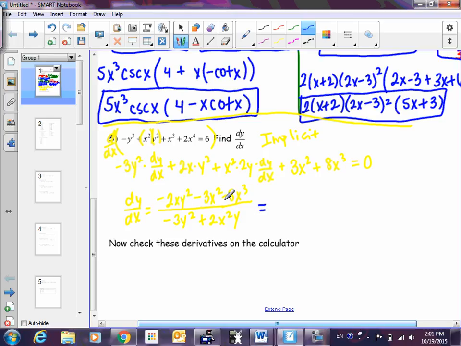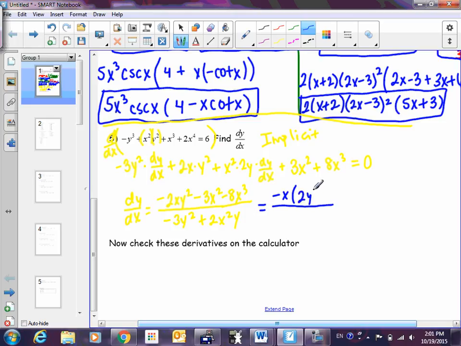So what's something we could factor out of the top? A negative x. And what I see is when the first term is negative, the negative is factored out. In this case, all three terms are negative, so I think it was a little more obvious.